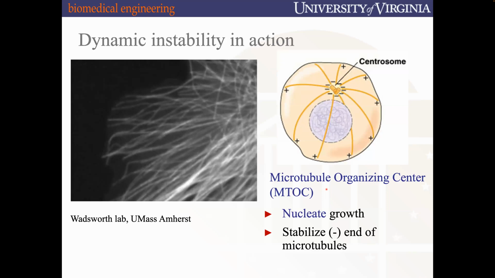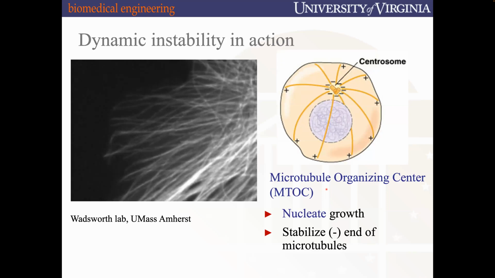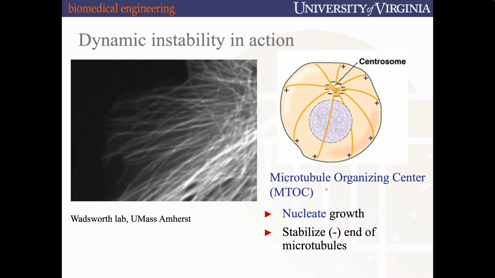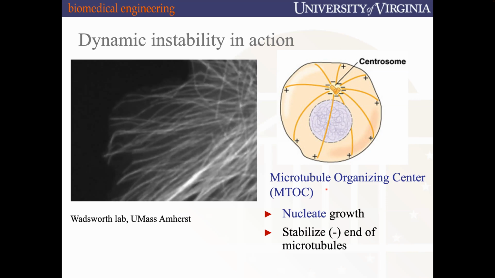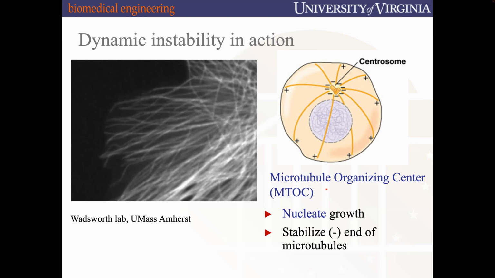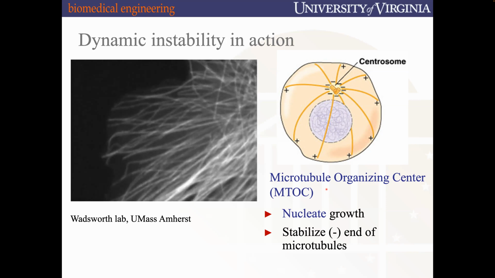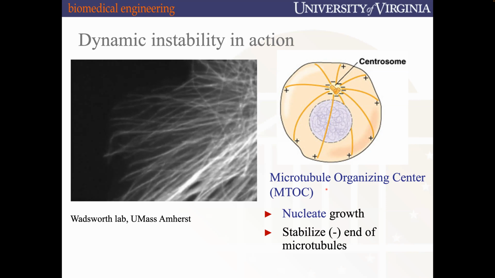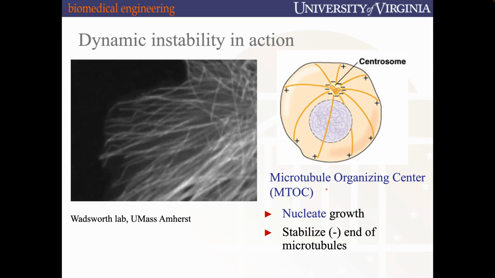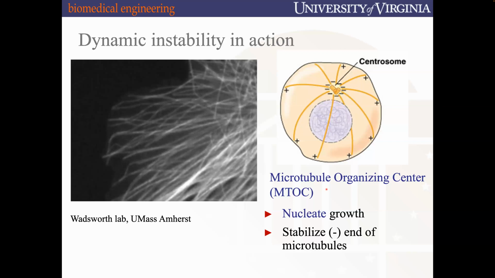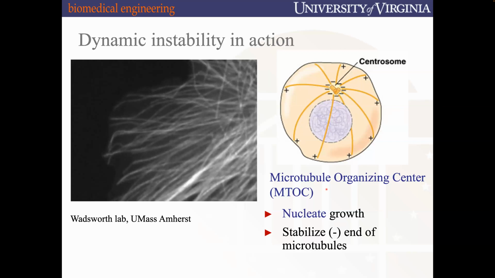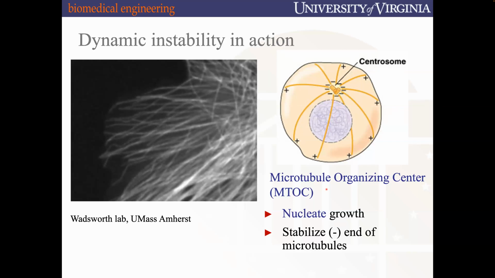Yeah, so this dynamic instability, or rapid growth and disassembly of microtubules in the cell, is really important, kind of an elegant way to reach all the different areas of the cell. So if you just had one static microtubule filament, that would only reach to one point in the cell, but because it's growing and expanding, it can cover kind of a wider area, and every part of the cell can be reached that way.